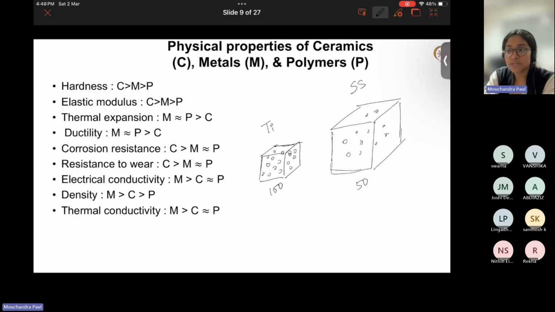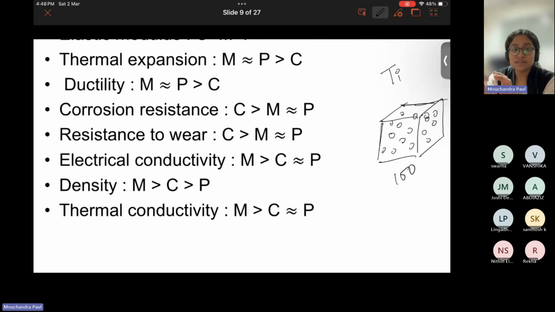If in a small space you find so many particles packed inside, that means it is densely packed. Similarly, air is less dense than water. So that is the real meaning of density.